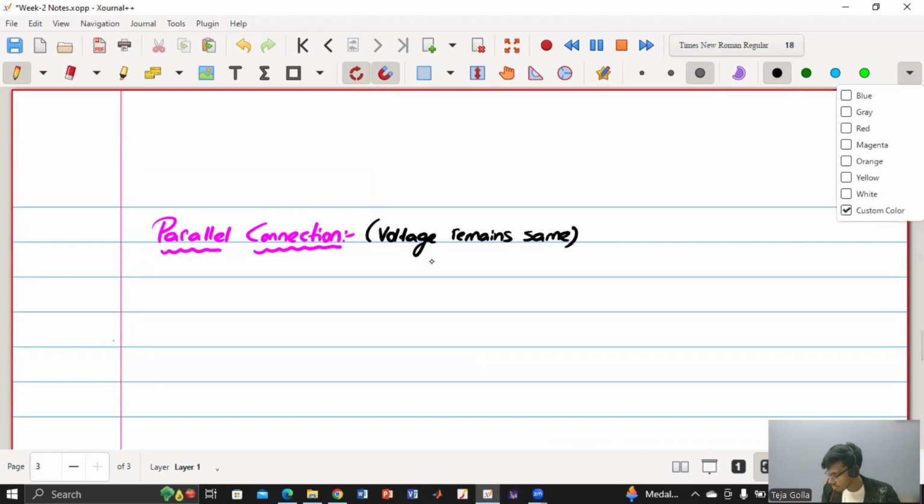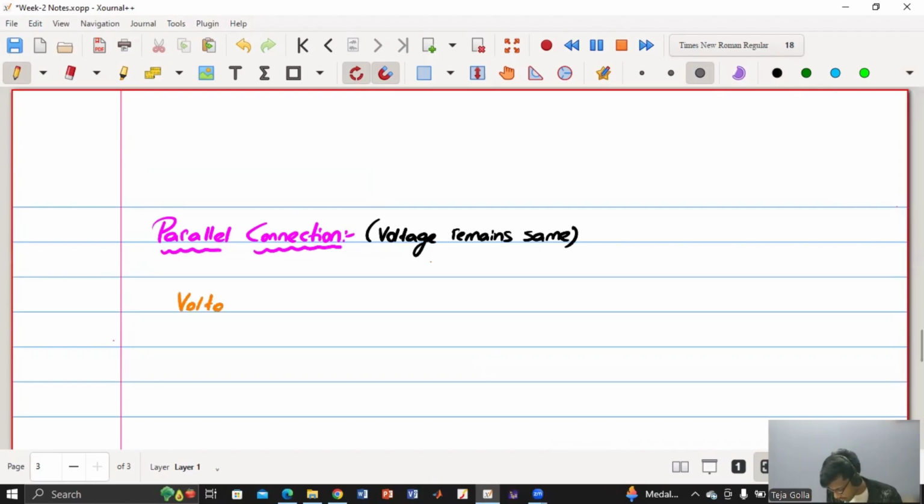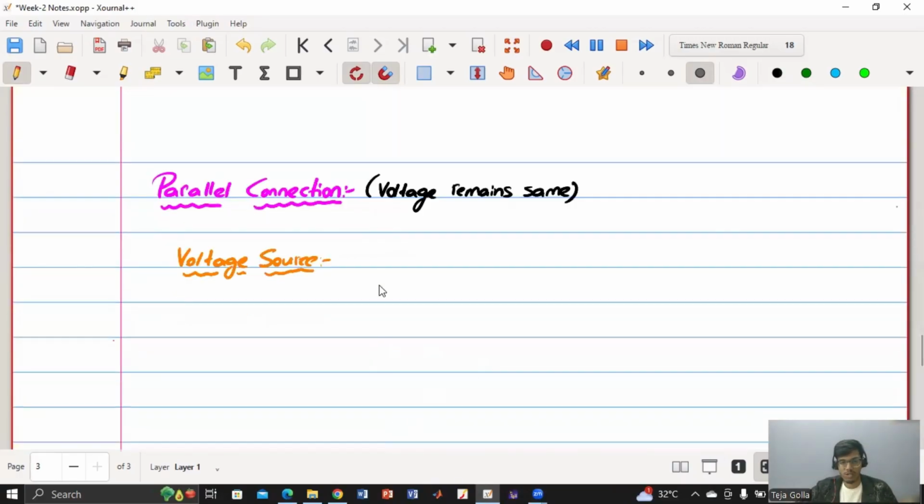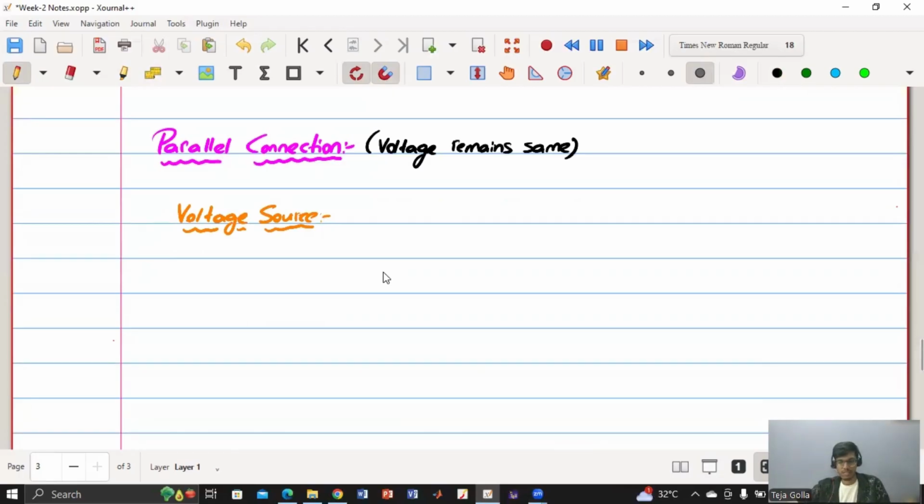Okay, we'll quickly go through all these same elements. First, we'll do the voltage source. You can always correlate voltage source and current source. A current source connected in series is similar to a voltage source connected in parallel. Will there be any issue, or is it fine? Because a current source connected in series has an issue.